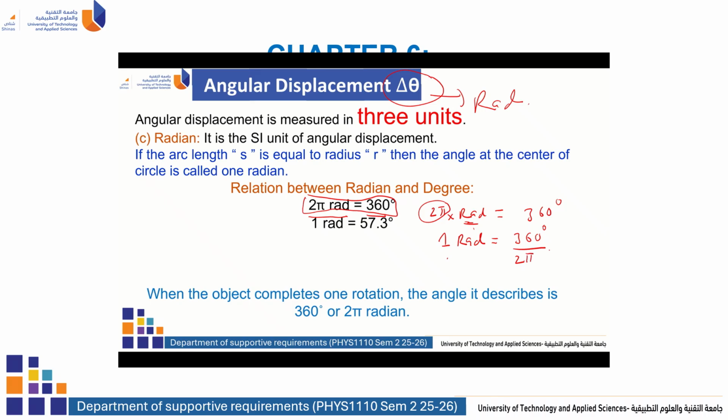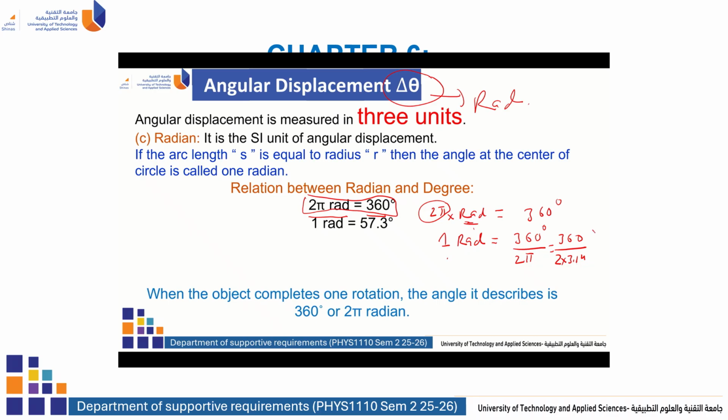So if I calculate 1 radian, how much is that in degrees? This will be 360 divided by 2 multiplied by 3.14, where the value of pi is 3.14.